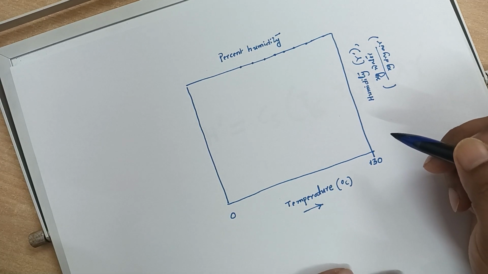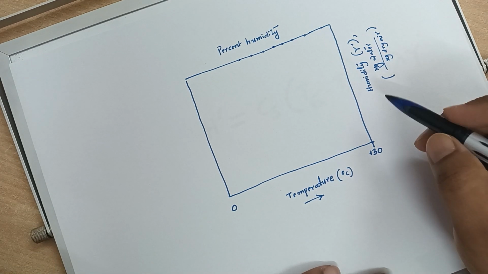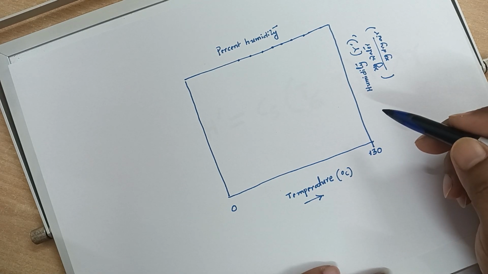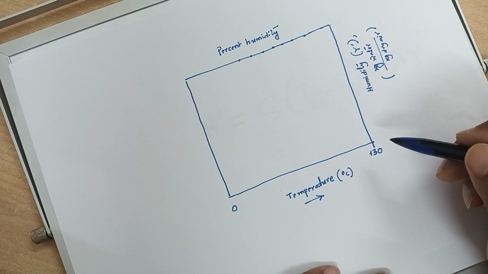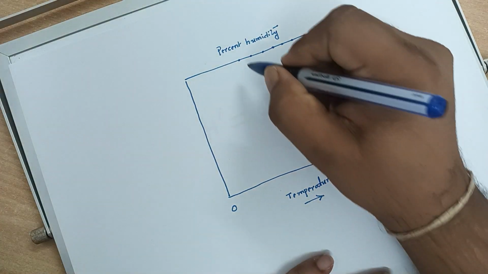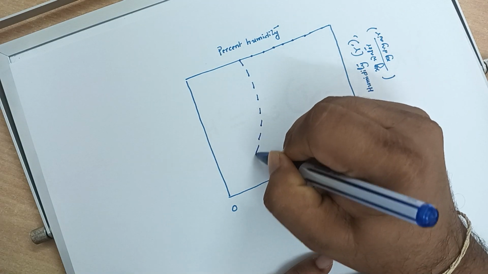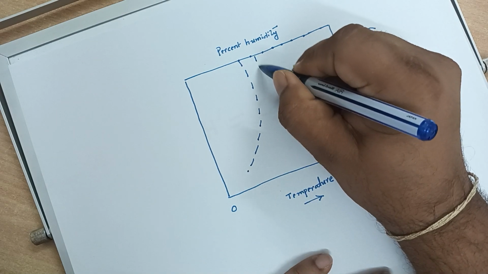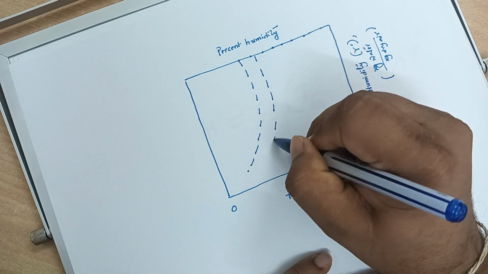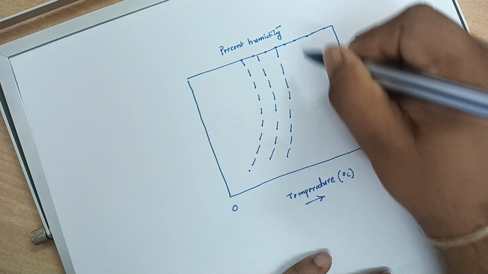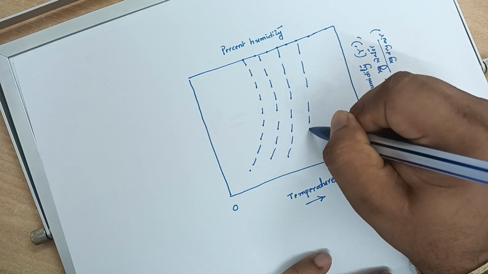Let us draw first the percentage humidity or percentage saturation lines within this psychrometric chart. Now these lines appear like this within a psychrometric chart.